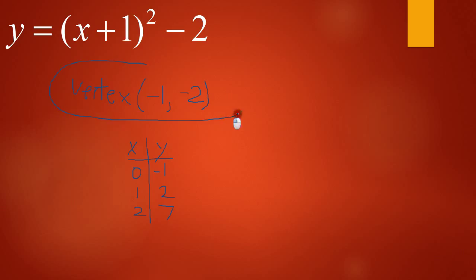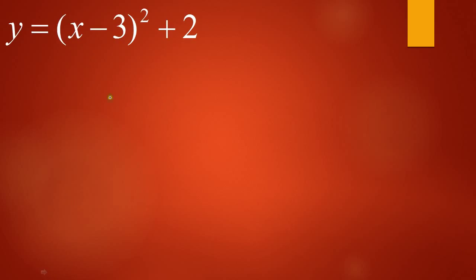So the only new thing is the way this form is written out, you can get your vertex just looking at it. Oh, baby's starting to fuss. Alright, so in this one, your vertex is going to be the number subtracted from x, so that's a 3, comma, the number being added at the end.